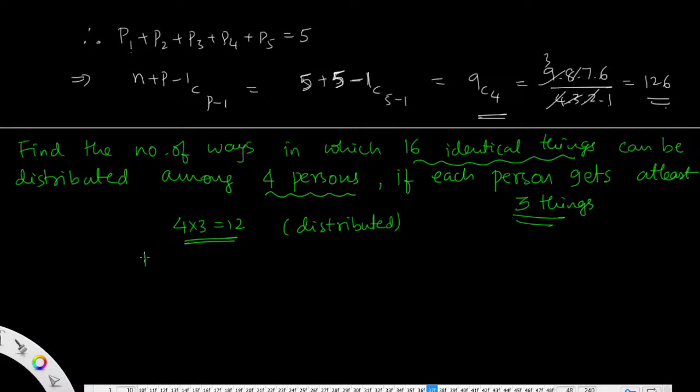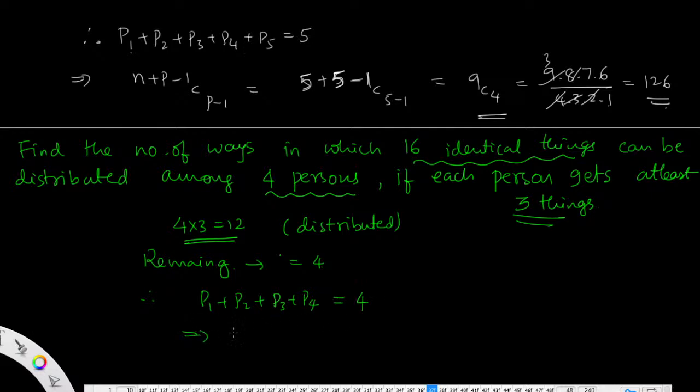Out of 16, 12 things are given, so the remaining things are 4. 16 minus 12, 4. Therefore P1 plus P2 plus P3 plus P4, among 4 persons, is going to equal 4.